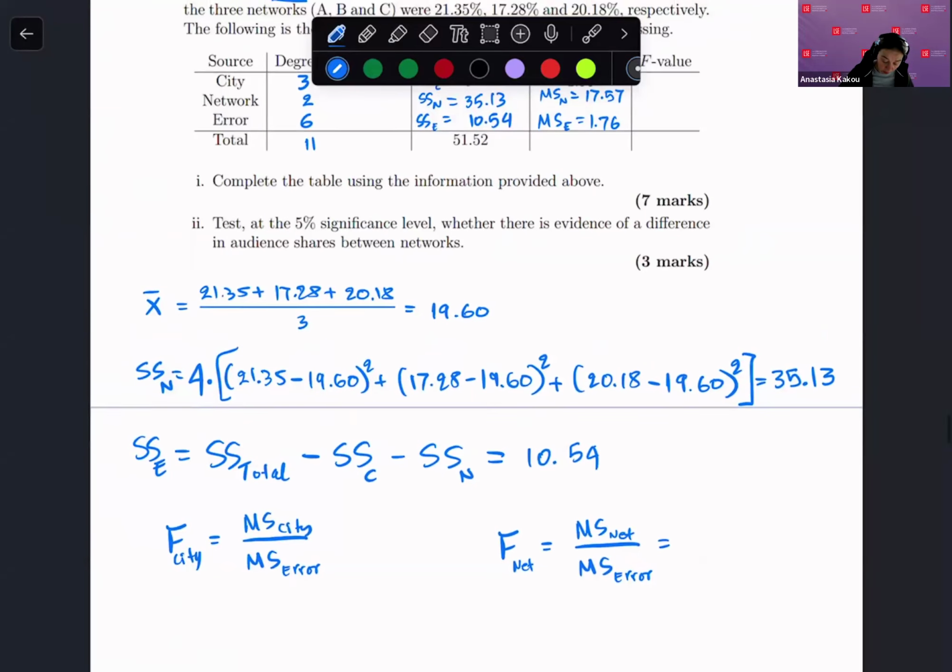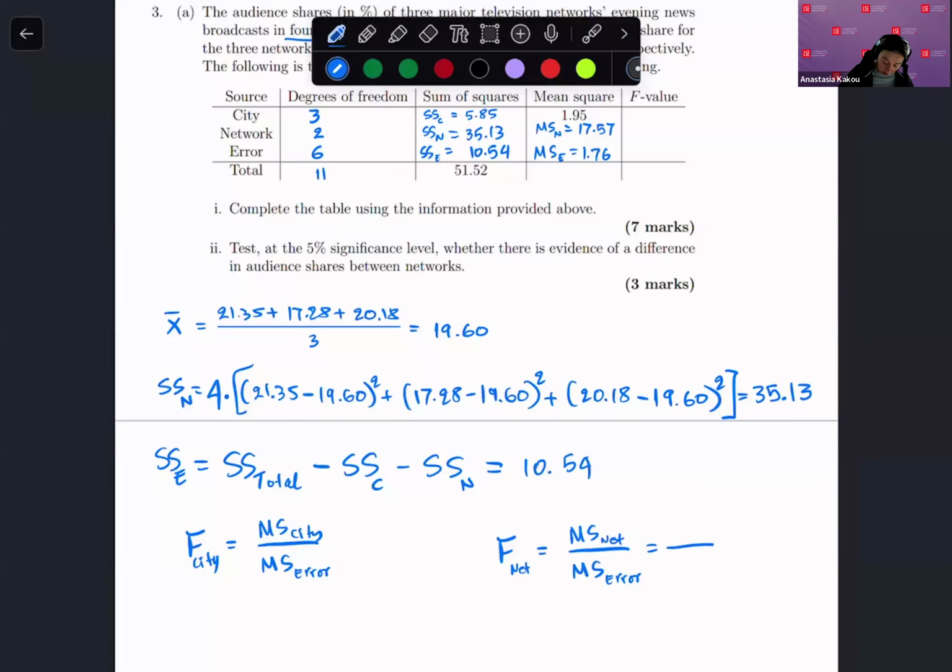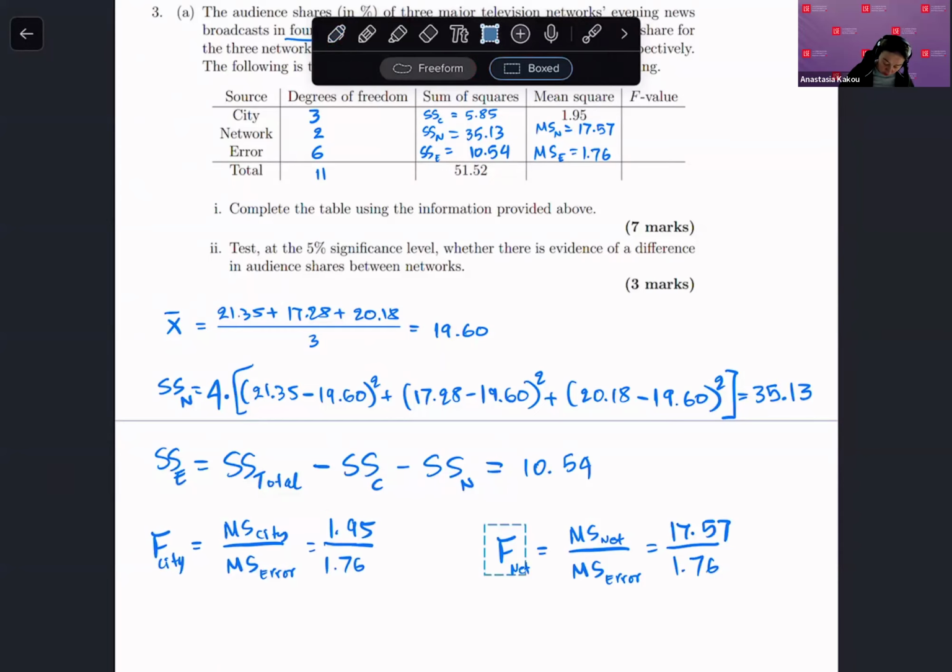So what are the numbers? The denominator will be the 1.76, and the numerator for the city is 1.95, while for the network it's 17.57. Okay, so we have 1.11 and 9.98.